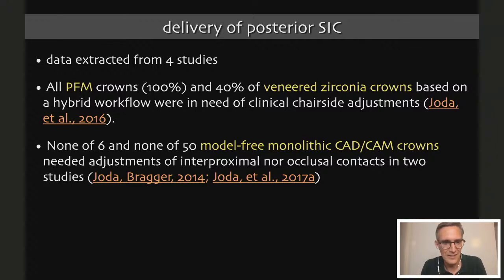And the other thing we could see is that even when we did not have a model, so these monolithic implant crowns were fabricated without an implant model, none of these 56 needed any adjustments in order to be delivered. The evidence is not that great, let's say, 56 implant crowns is not a lot. But you need to know that it's a highly calibrated workflow, and the manufacturing of these implant crowns was outsourced.